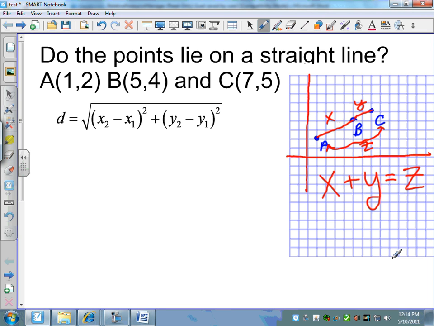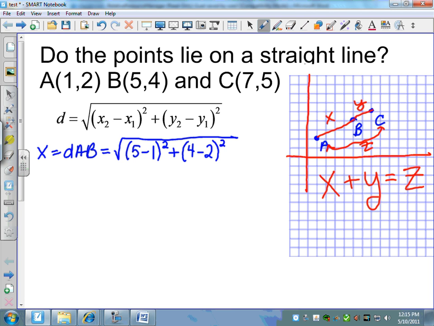First, we're going to let distance x be the distance from A to B. As you can see, we have the distance formula here. We're going to plug in the values for x1, y1, x2, and y2. So x sub 2 is 5 minus x sub 1, which is 1. 5 minus 1, that quantity squared, plus y sub 2, which is 4, minus y sub 1, which is 2, that quantity squared.